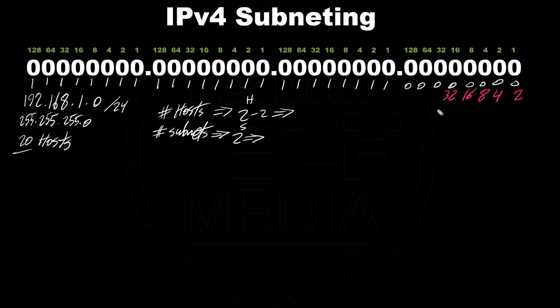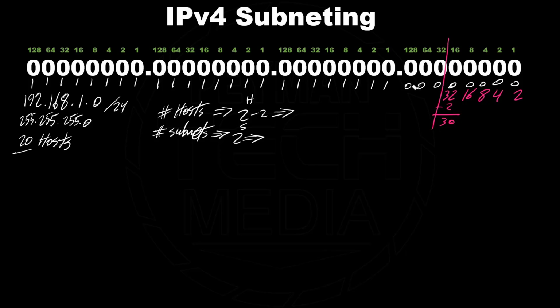Here, minus 2 gives us 30. Very good, they're asking for 20 hosts, so here it's perfect. We can just stop here for the number of host bits, for the number of zeros. Because if we stop at 16, it's not enough. We need 20. So let's draw a cut line here.